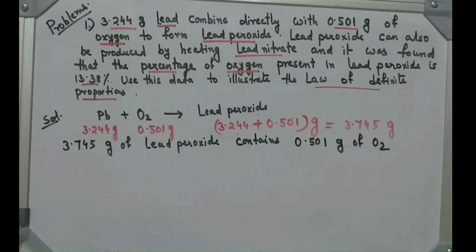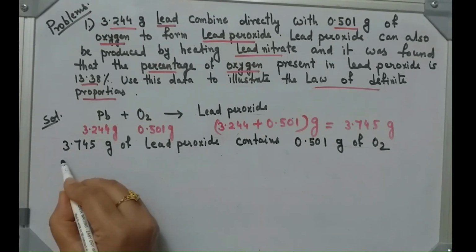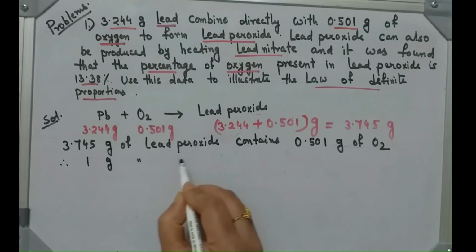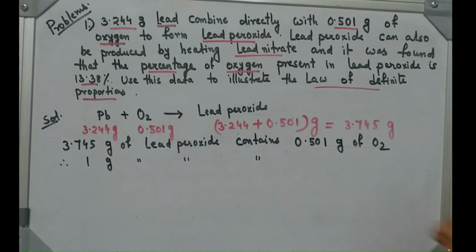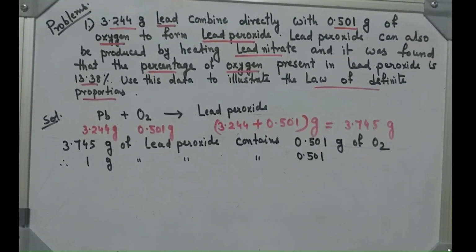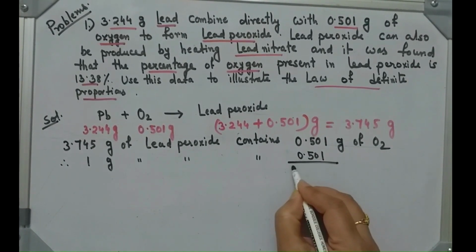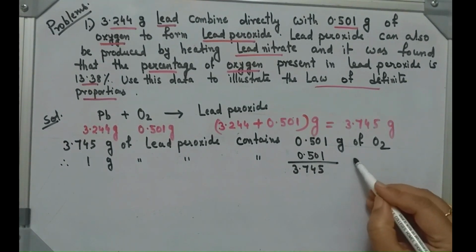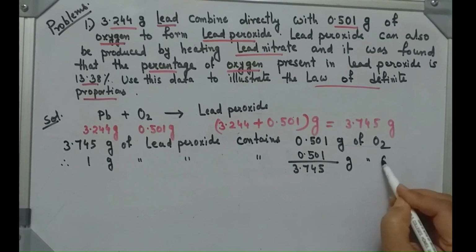Percentage of oxygen we have to calculate. Therefore, 1 gram of lead peroxide contains 0.501 divided by this much grams of oxygen.